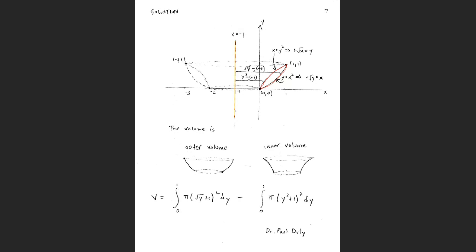And of course, this is the mirror image of the region. And it's being rotated about the line x equals -1.